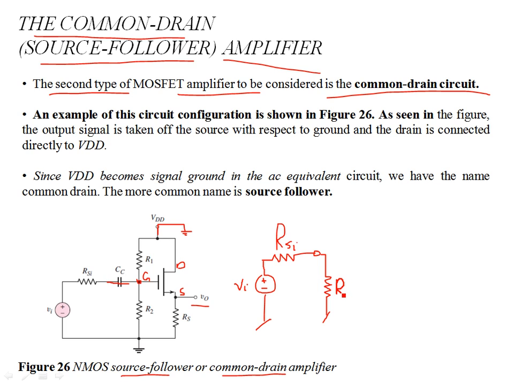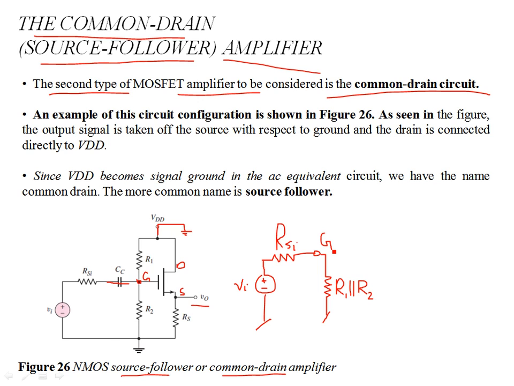Depending on the value of the source resistance RSI, there will be some loading at the input. So the entire input is not going to be present at the gate; it will be a fraction of VI at the gate terminal. This is my gate terminal in the AC equivalent circuit.